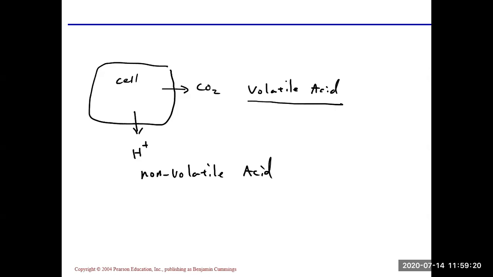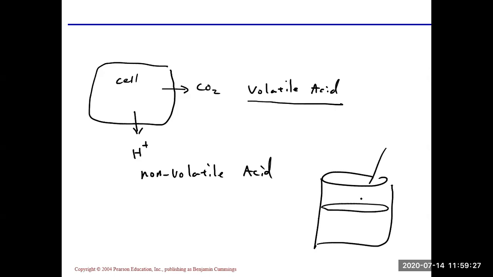Or if you have the water in a beaker and maybe a straw, and you blow carbon dioxide in here, these bubbles start forming. You could see that. That means it's a volatile acid. Otherwise, if you wouldn't see anything, it would just get dissolved and that's it. But you see these bubbles start forming.